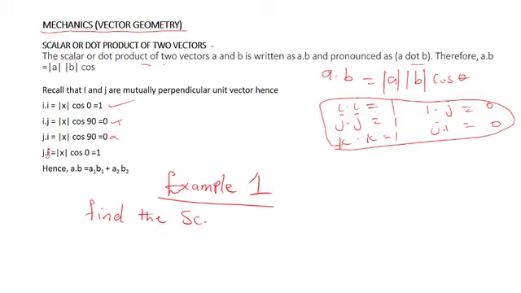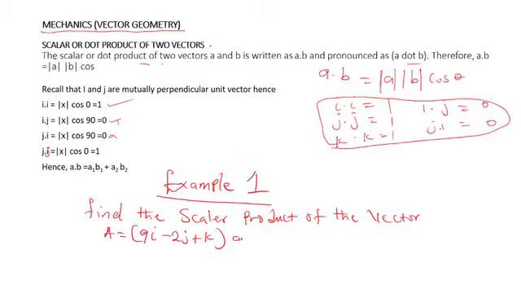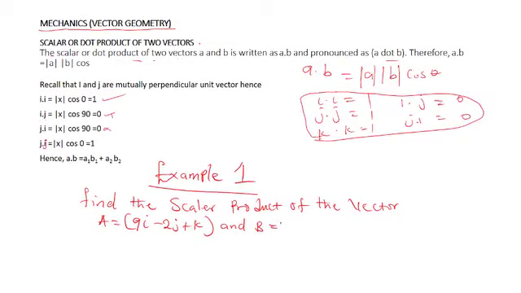Find the scalar product of the vectors A equals 9I minus 2J plus K, and B equals I minus 3J minus 4K.